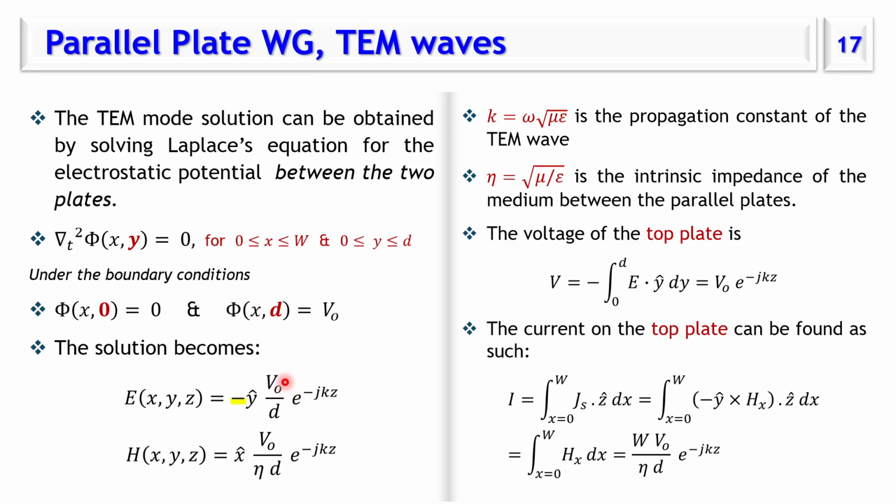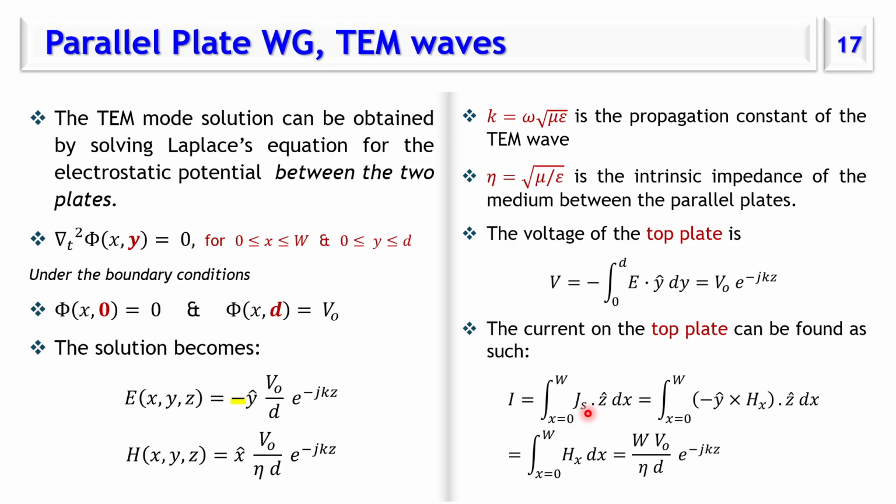The voltage between the two conductors is the integration from 0 to d of minus E dot dl. dl would be in the y direction, dy. So we have this expression for the voltage. For the current, we can apply Ampere's law, or we can integrate the surface current along the top conductor, for example.